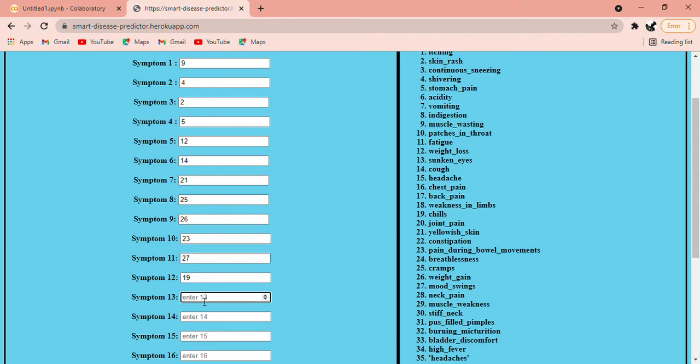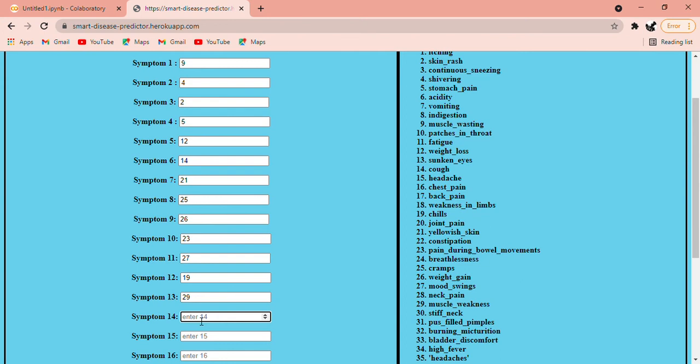I'm also going to add what I've mentioned before: weight gain, which is 26, symptom 9, and then weight loss also on symptom 5, which is referenced to cough. Instead of entering the whole word, since words differ from hospital to hospital or from person to person, we trained this model in such a way that it will be universal.